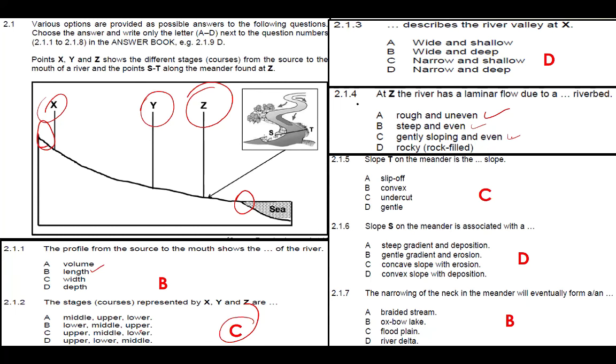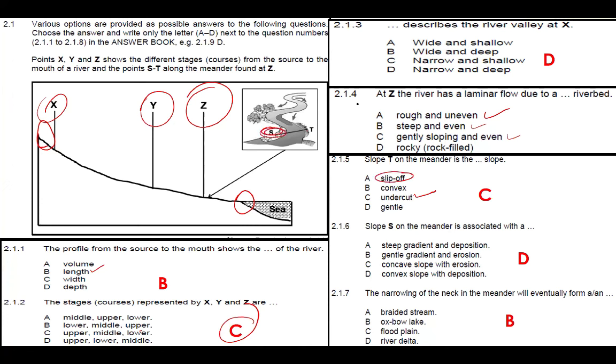Slope T on the meander is what slope? You can see slope T here is deeper, showing that there is more erosion at T, because water is moving faster at T. So slope T is going to be called an undercut slope, and slope S will be called a slip-off slope. That is where it is shallow.